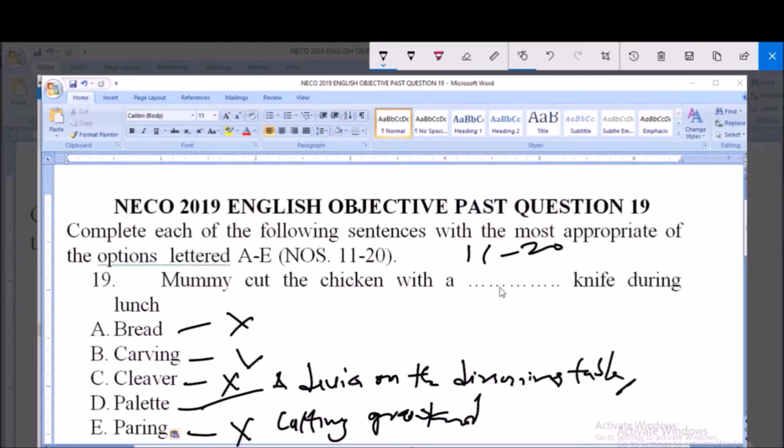So what we use in cutting chicken on the dining table is palette. So it is palette that mommy used. So you can say that mommy cut the chicken with a palette knife during lunch. So it's what we call palette knife. So option D is correct.